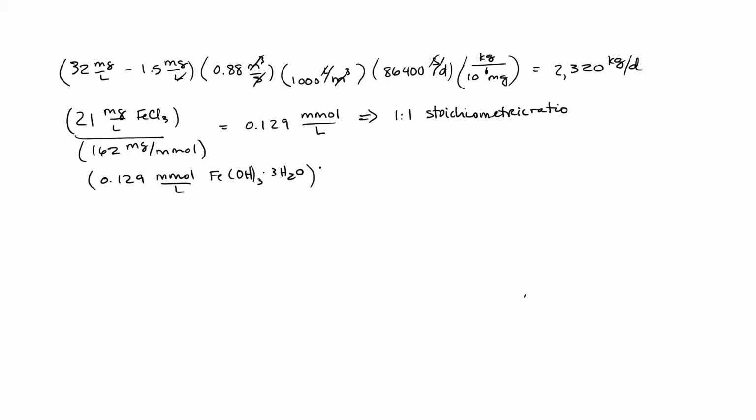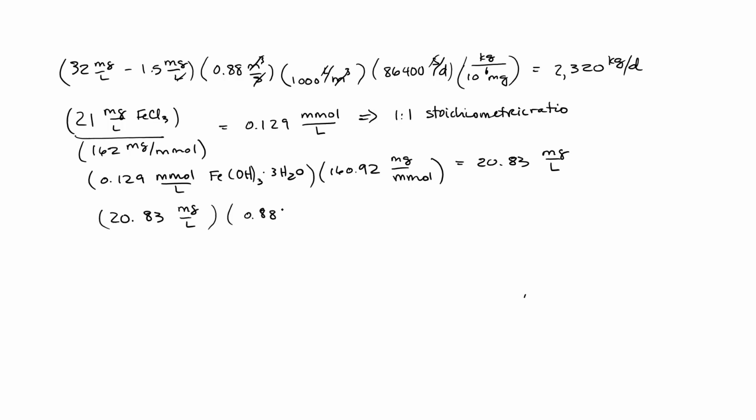We will multiply that by 160.92 milligrams per millimole. It's the molecular weight of ferric hydroxide that includes the 3 waters of hydration. And that is equal to 20.83 milligrams per liter.